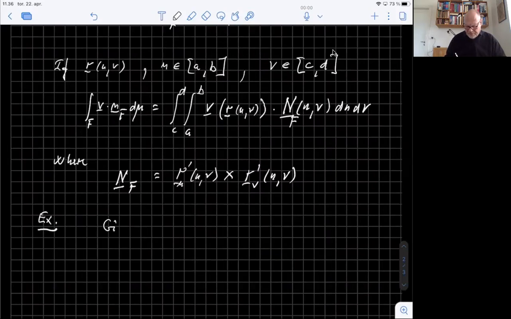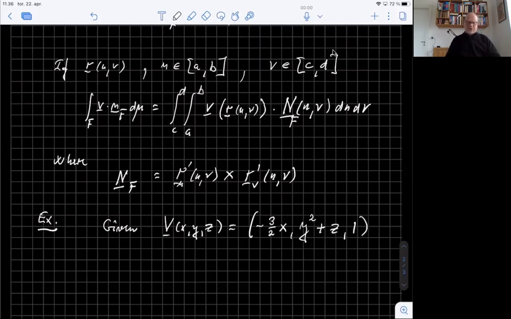And we're given a vector field, and this is given by -3/2 times x, and then y squared plus z, 1. So these are the 3 coordinates of our vector field.